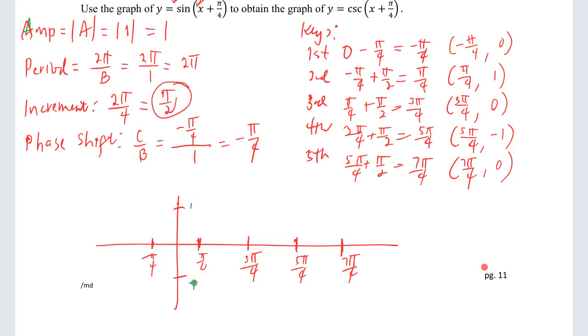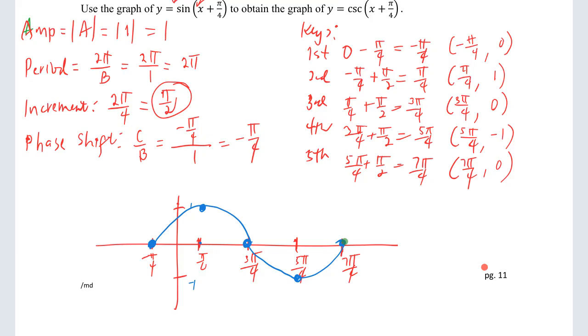So we start at negative pi over 4 and then 0, and then going up, then down, down, then up. Okay, so this is now the graph of the sine function.